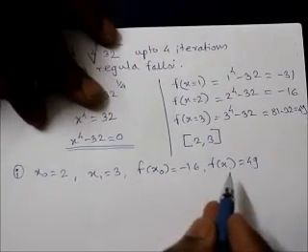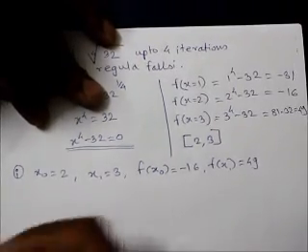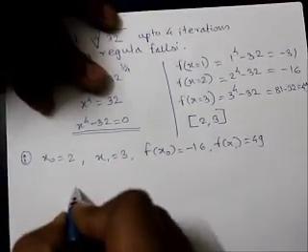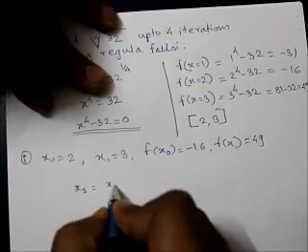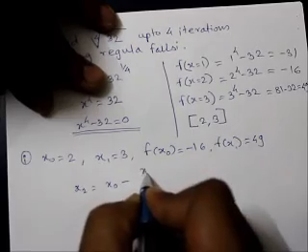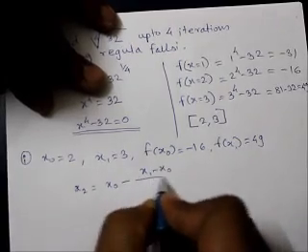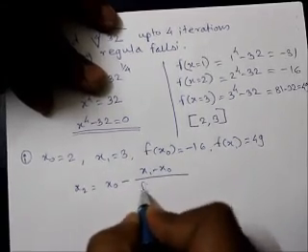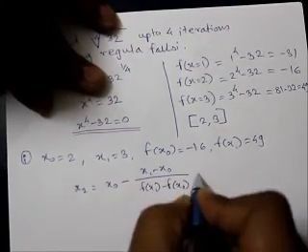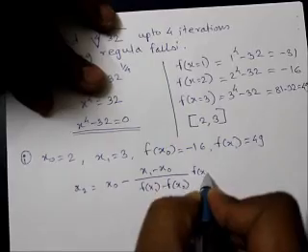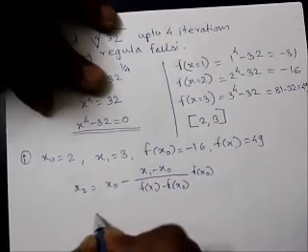All the values in the formula are clearly mentioned. Now I can put these values in the formula: x0 minus (x1 minus x0) divided by (f(x1) minus f(x0)) into f(x0).